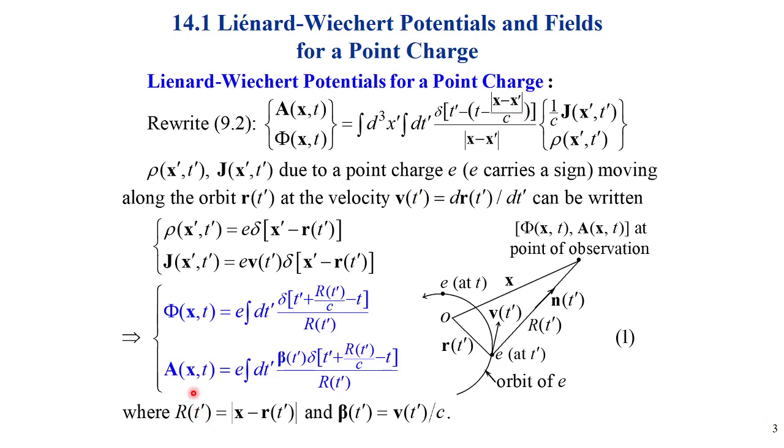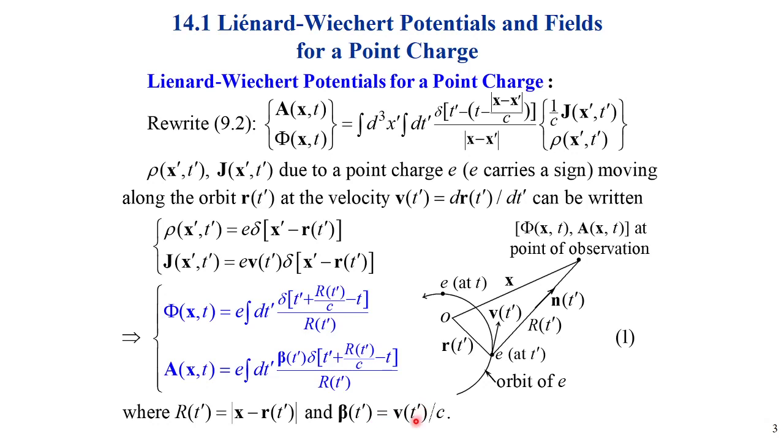Likewise, the vector potential can be written in this form. e dt prime beta. Why beta? Here, v over c is defined as beta. Beta is normalized with respect to the speed of light.